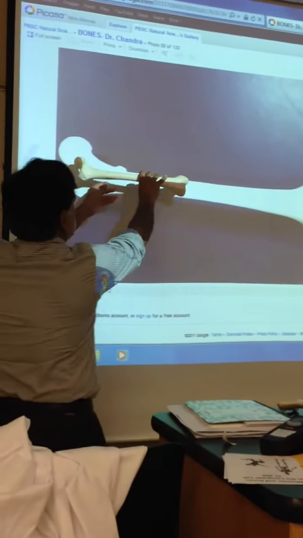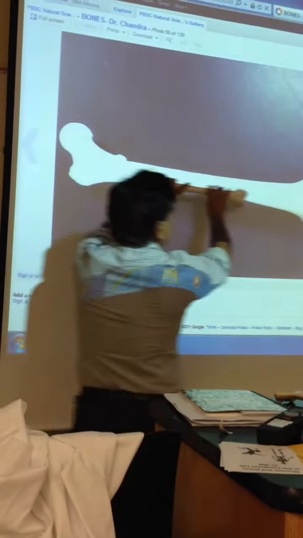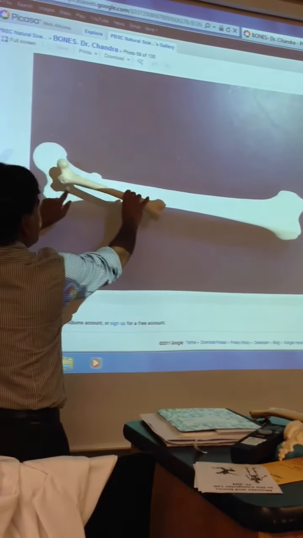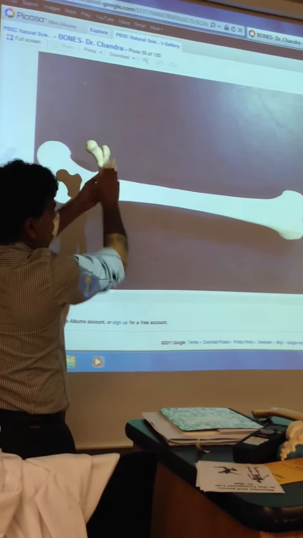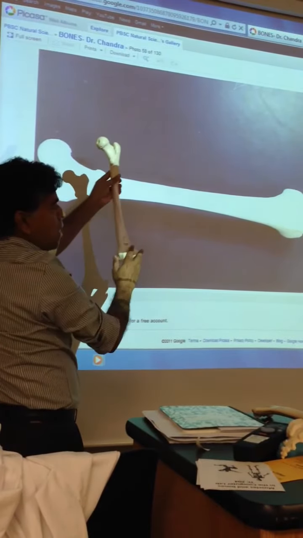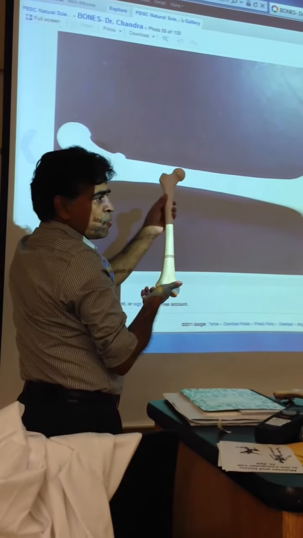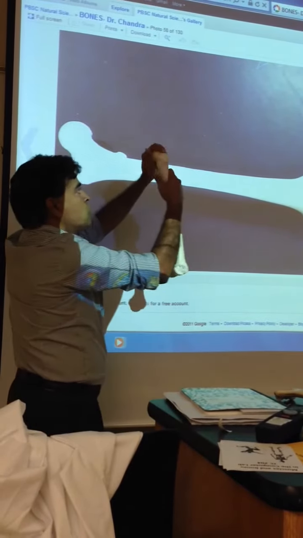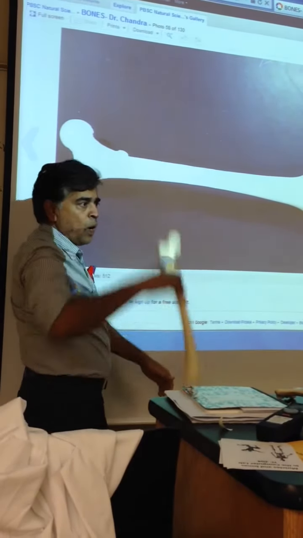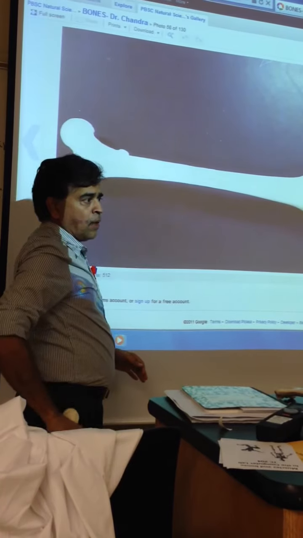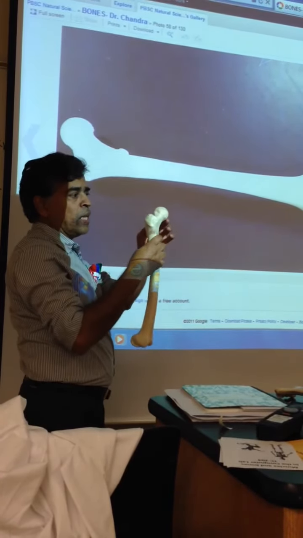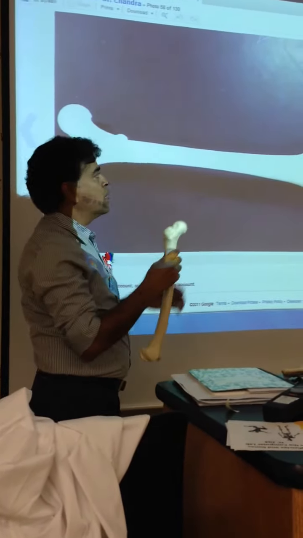That's your front view, anterior view. All the projections you see obviously in the posterior view. That's a hint for which is front and back. And also the head will articulate only one way on your pelvic girdle, so that tells you whether it's your right or left.